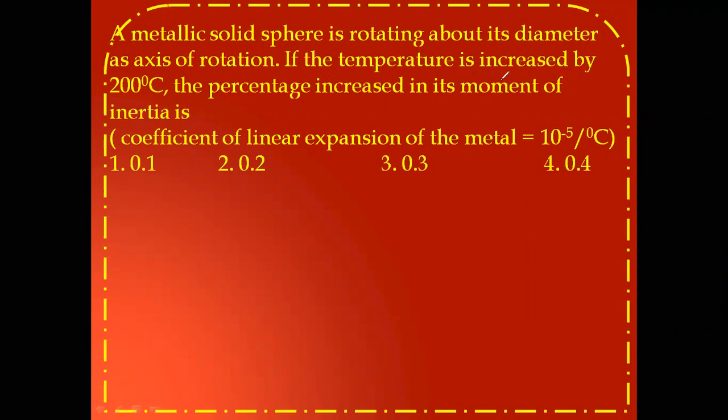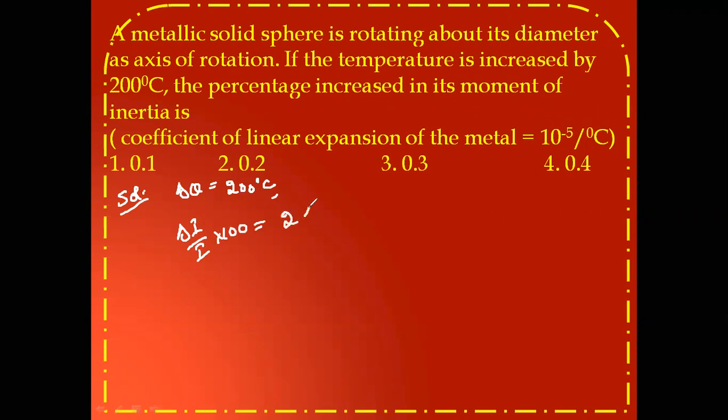If the temperature is increased by 200, they gave the rising temperature as 200 degrees Celsius. The percentage increase in its moment of inertia is, so they are asking the percentage increase in moment of inertia. So delta I by I into 100 is the question they ask.